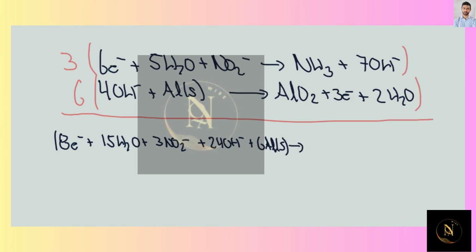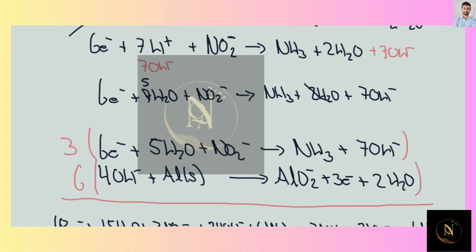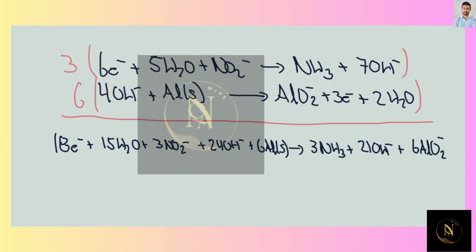That is going to produce 3 of NH3 plus 21 OH minus plus 6 aluminum O2 minus, plus 18 electrons plus 12 water molecules.